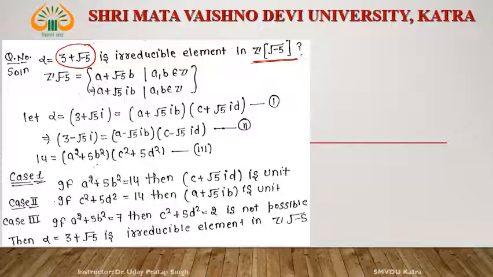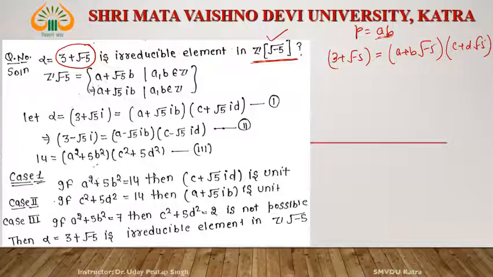What is the definition of irreducible? P is equal to AB. So 3 plus square root of -5 is equal to a product of two elements of this domain, say (a plus b square root of -5) times (c plus d square root of -5).